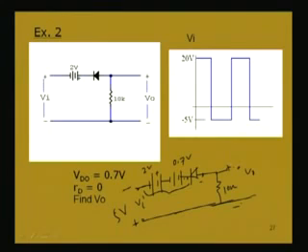If we now apply Kirchhoff's voltage law: V naught, minus 0.7, minus 2, plus 5 equal to 0. This is Kirchhoff's voltage law.